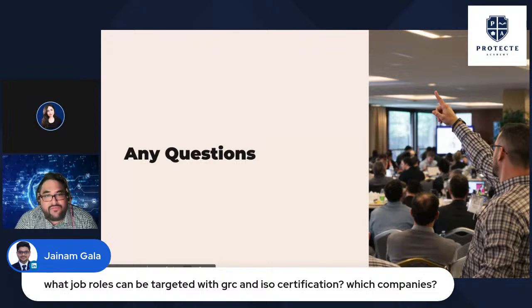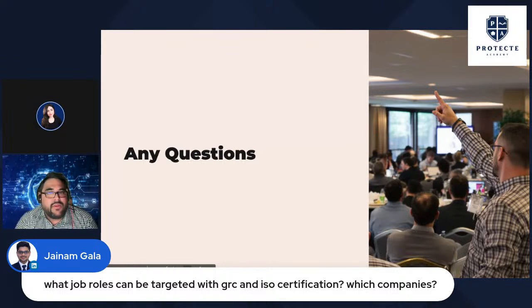So even if you don't get a job as a consultant, you will get a lot of opportunities, that is for sure. And secondly, you'll definitely get a job as well, because GRC is a wide domain. Whether you become a governance and risk analyst, a risk analyst, or a compliance analyst, ISO 27001, Janam, will always play the foundational role for you in that journey.